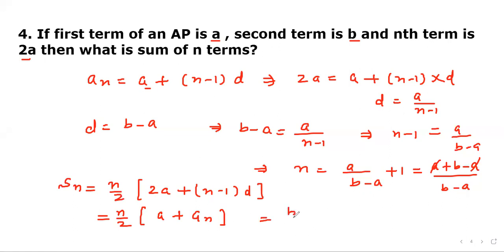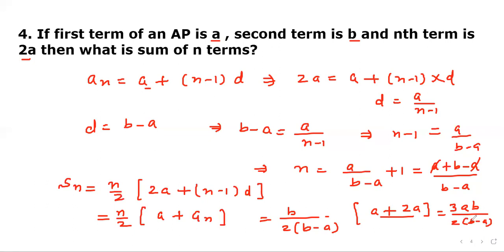So we put this value, b upon twice of b minus a, and a is a, and an is 2a. So we get this is 3a. So it will become 3a by 2 b, 3ab by twice of b minus a, which is our answer.